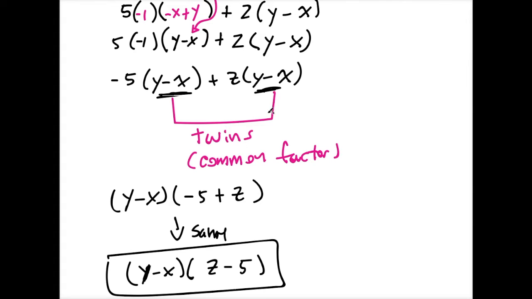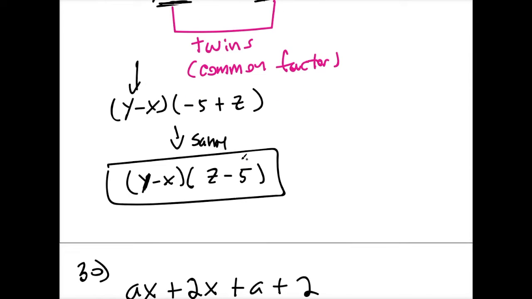That's like my A. There it is, boom. And then I'm left with -5 plus Z, and then I remember that some teachers are picky, and usually they don't like to have the negative thing in the front, so I'll put that in the back, and so I'll go Z minus A, and that's that.